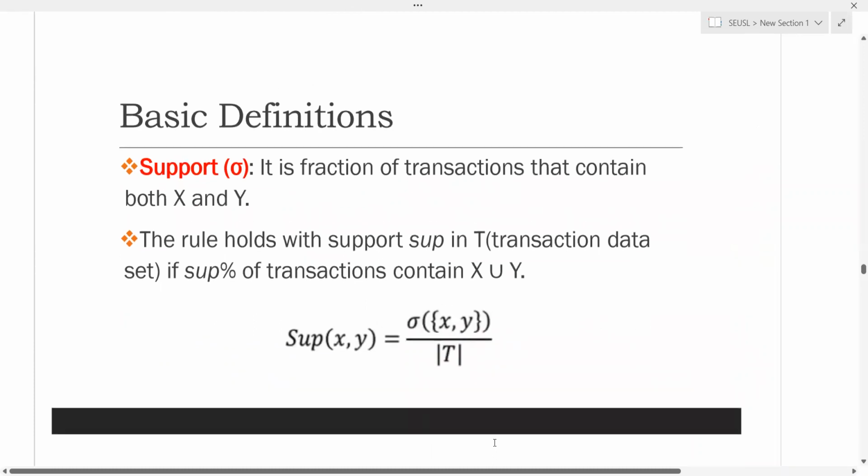Now we are calculating the support. I already told you we can find the support count and divide it by the total number of transactions to give the support. We can indicate support by sigma. Sigma is equal to support count divided by total number of transactions.